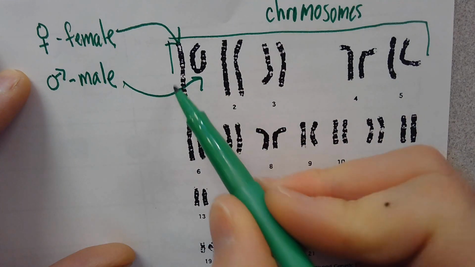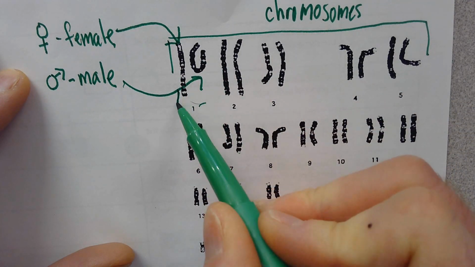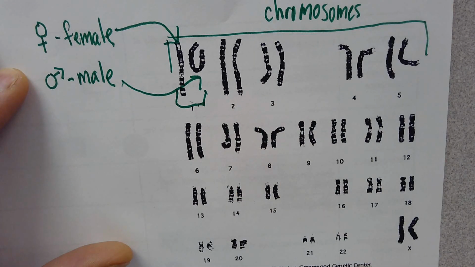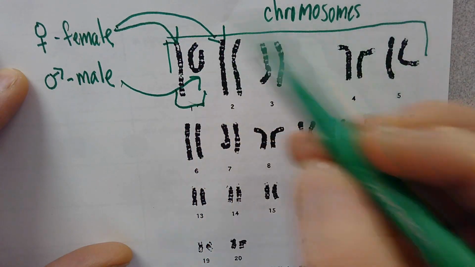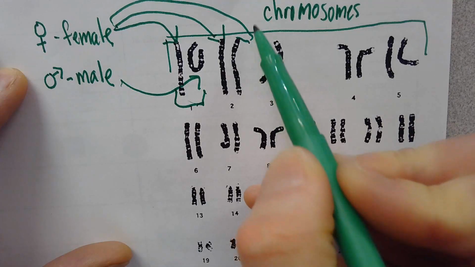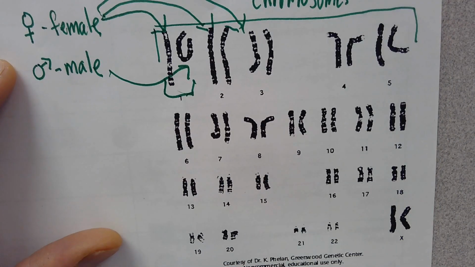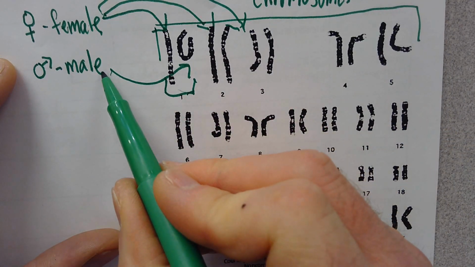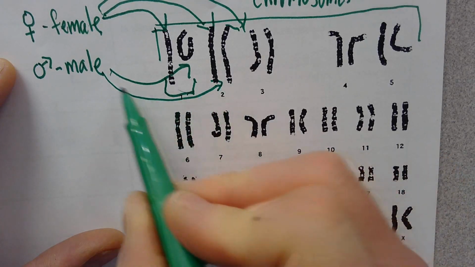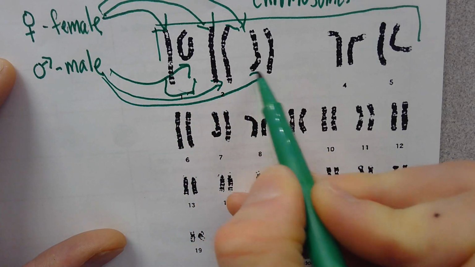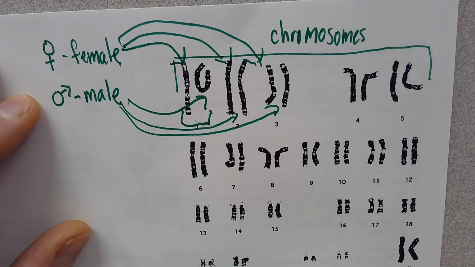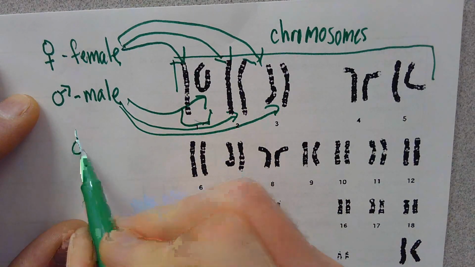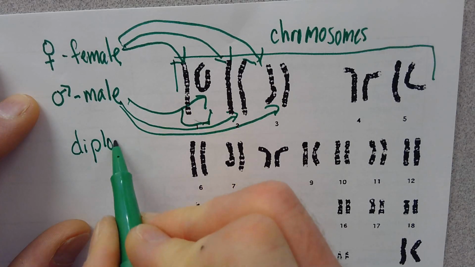And so this is one pair of chromosomes. This is all chromosome 1, and again, there's one from the mother and one from the father. That's true here. That's true here. I'm not going to draw 22 more of those, but you get the idea that if I have chromosomes and they're paired up, that's what we call diploid. Just kind of as a review.